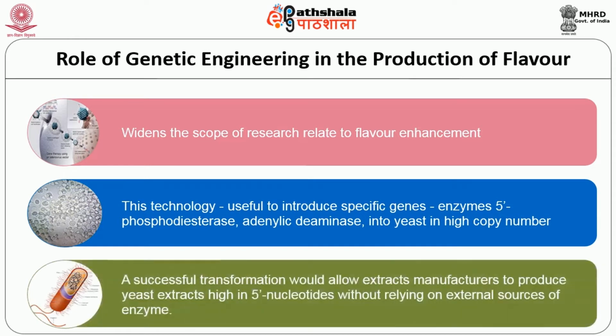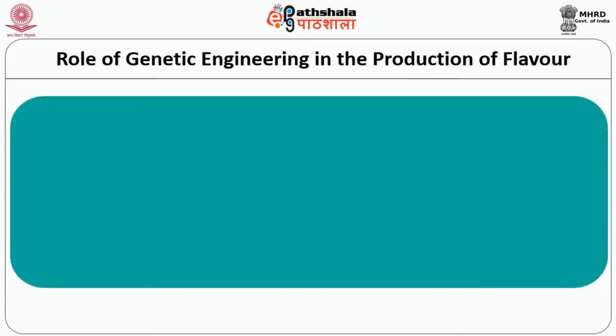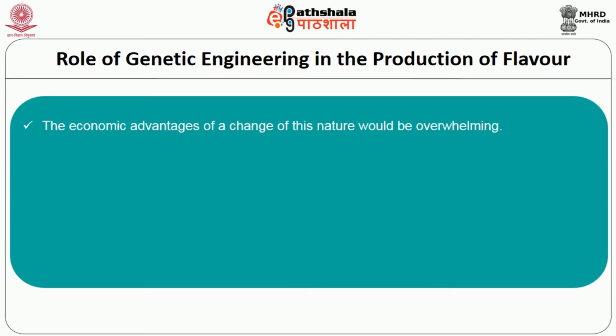A successful transformation would allow extract manufacturers to produce yeast extracts high in 5' nucleotides without relying on external sources of enzyme. The economic advantages of a change of this nature would be overwhelming.